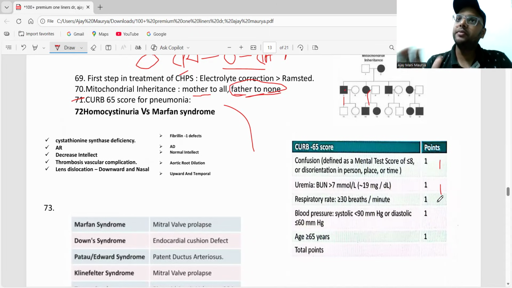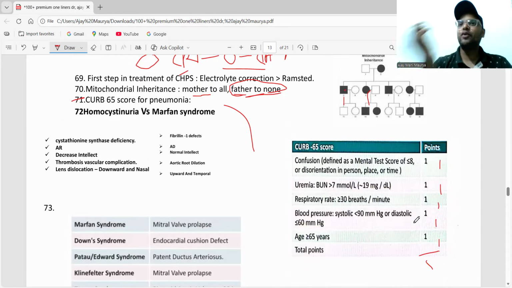If respiratory rate is more than 30, then give 1. If BP is less than 90, then give 1. If age is 65 or more, give 1. Then if you get a total of 5 points, oh my goodness, then you have to admit the patient in the MICU.